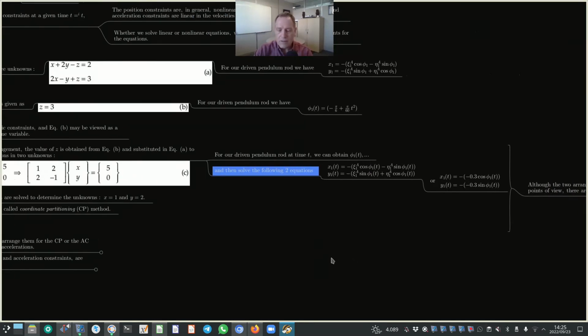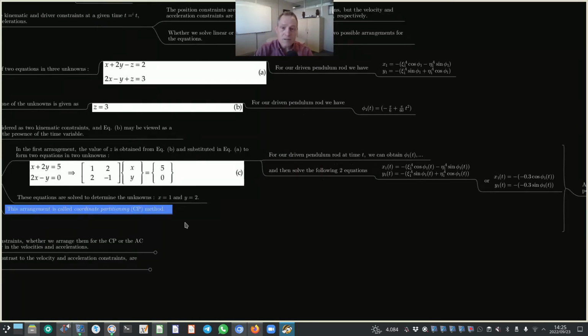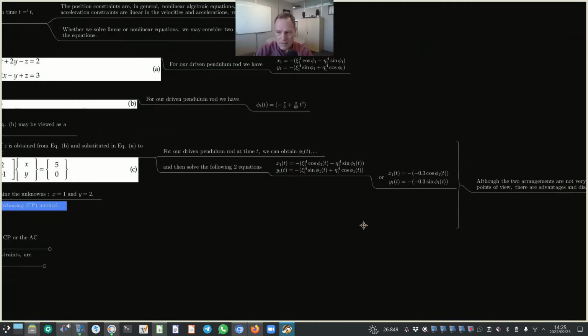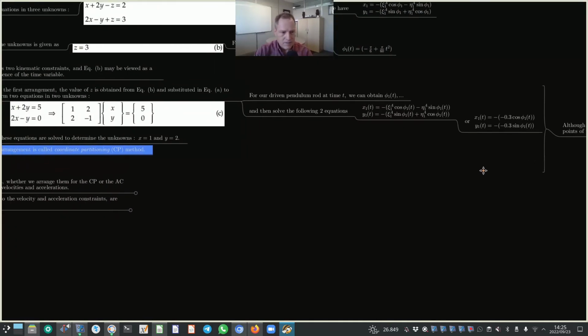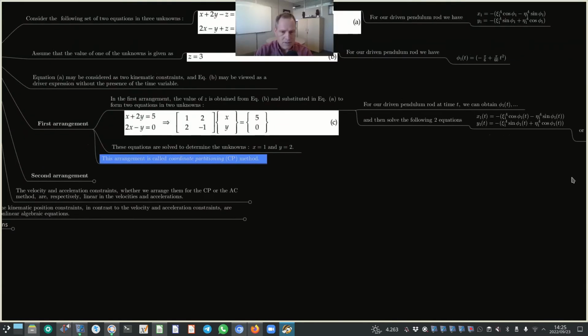So we can use the illustrated coordinate partitioning method to do the kinematic analysis for our driven pendulum rod as well. Now let's look at arrangement 2.